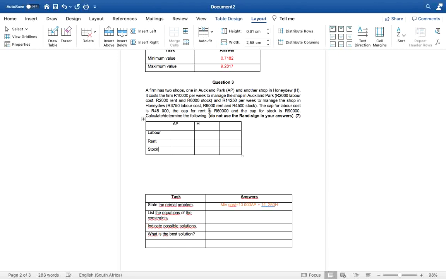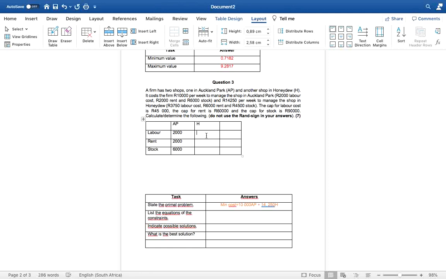To run Auckland Park it will cost 2,000 for labor, 2,000 for rent, and 6,000 for stock, and it also adds up to 10,000, as you can see.